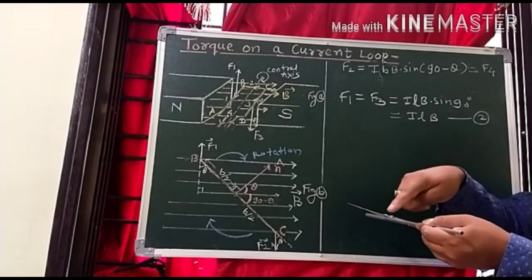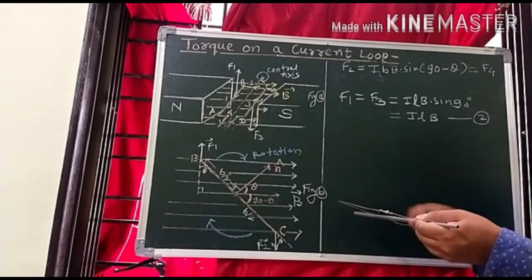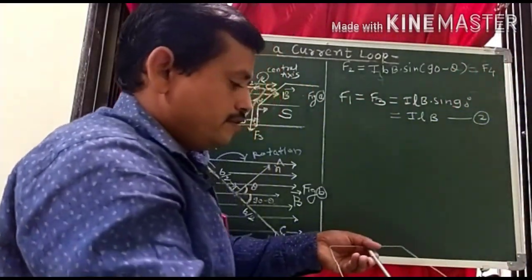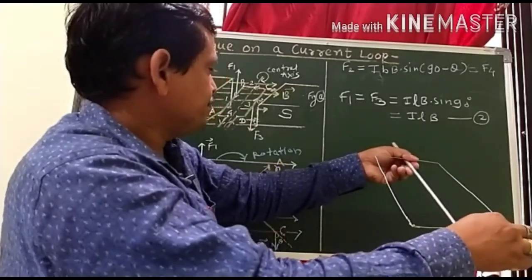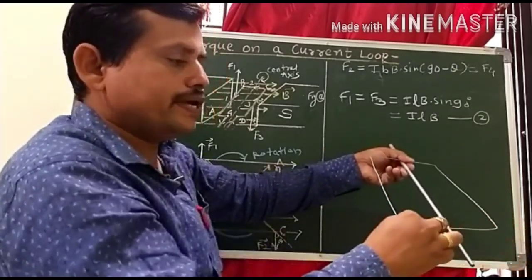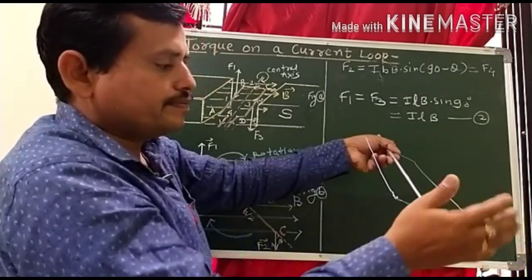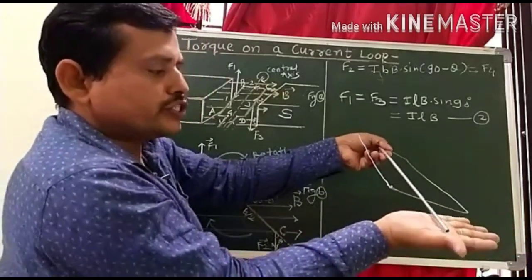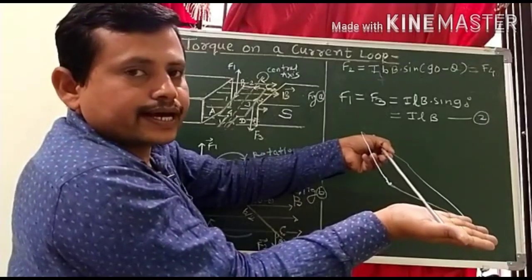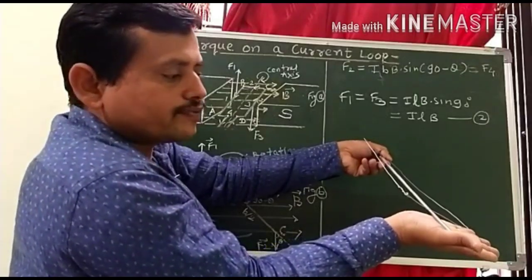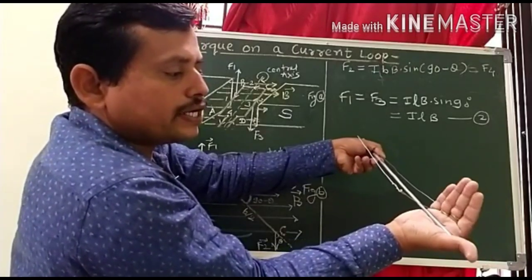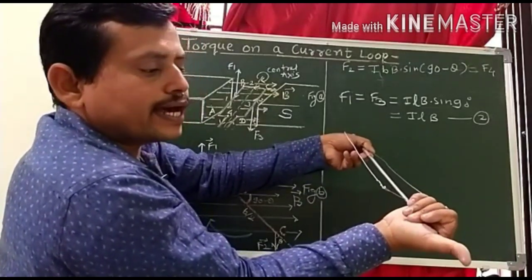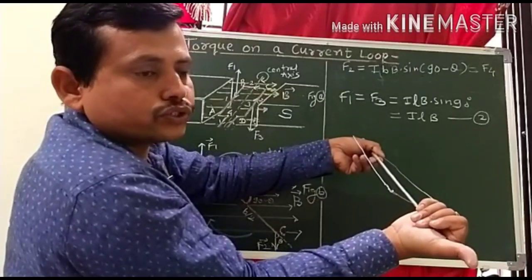Now force acting on the side AD, current passing from A to D. Now again stretch the four fingers in the direction of current, curl the fingers from the direction of current towards the direction of magnetic field, then the thumb gives the direction of magnetic force.